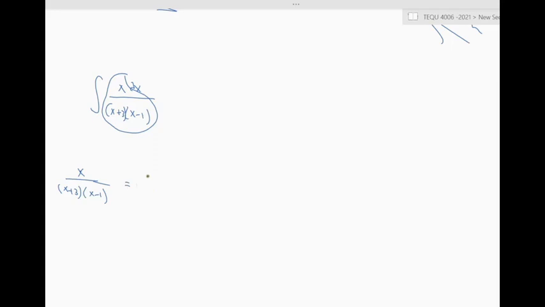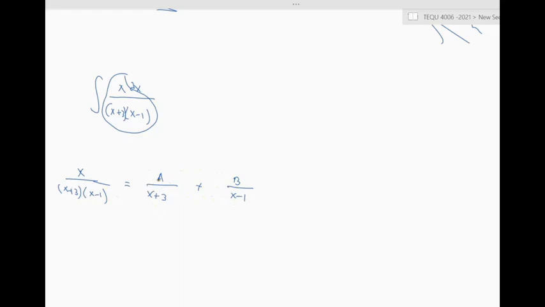This is equal to one fraction, which is A over (x plus 3), plus another fraction that will be B over (x minus 1). See? So you are dividing this into fractions that when you add them up, you will get the original. But the idea to divide it like this is because these are easier to integrate than the whole thing together.